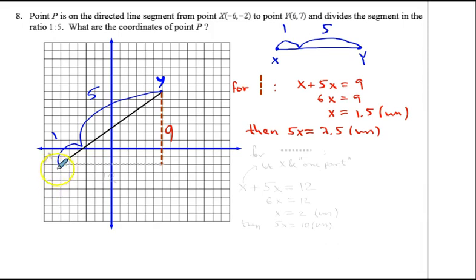So in the direction from X, which is on the bottom, to Y, I will mark off 1 unit. So 1.5, it's right here. This would be my 1. And this is what's left. 5 of those. Altogether, 6 units.